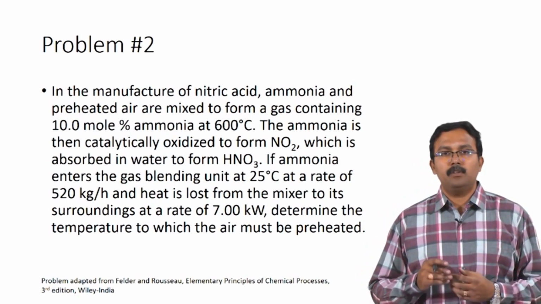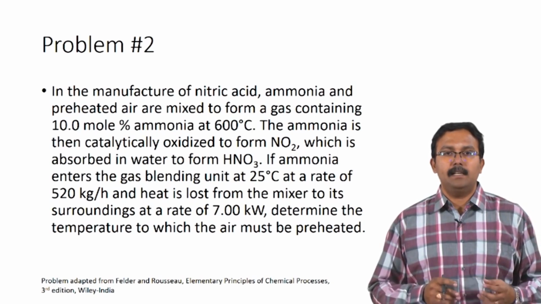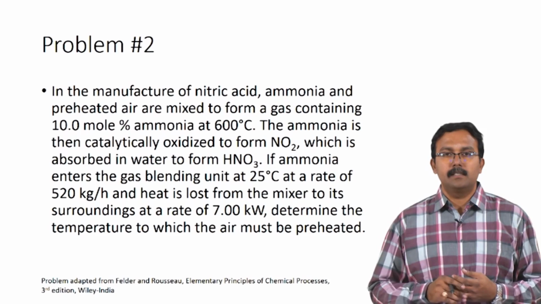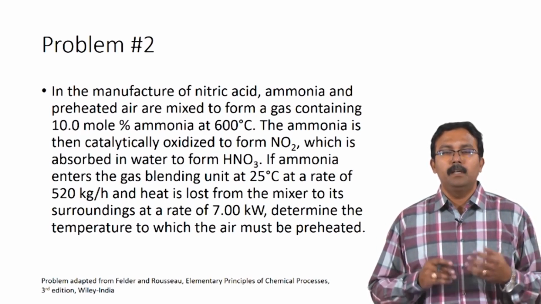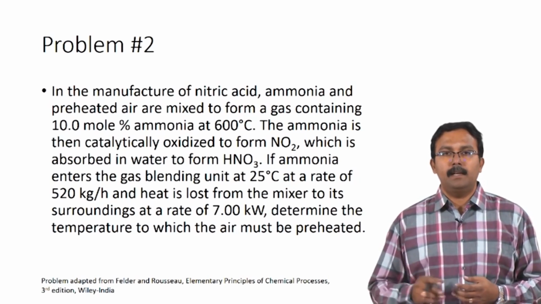In the manufacture of nitric acid, ammonia and preheated air are mixed to form a gas containing 10 mole percent ammonia at 600 degree Celsius. The ammonia is then catalytically oxidized to form NO2, which is absorbed in water to form nitric acid.